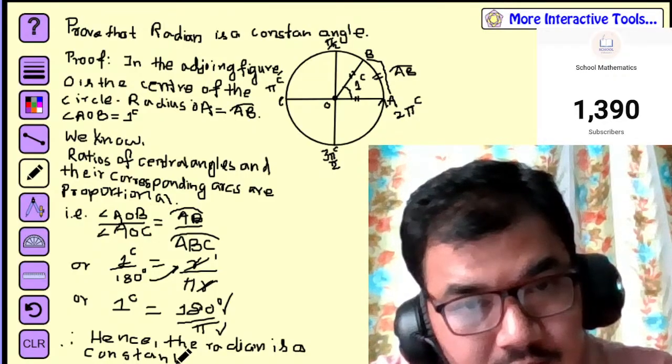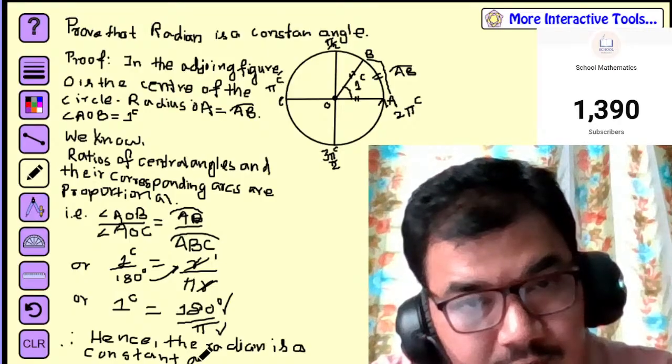Radian is a constant angle, it is proved there.